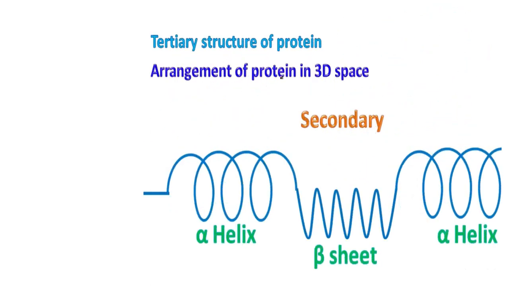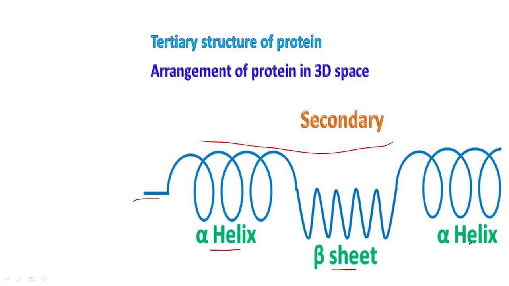The tertiary structures of proteins are arranged in 3D space. You can see here some primary structures, then secondary structures in the form of alpha helix and beta sheets, parallel beta sheets, anti-parallel beta sheets, then again some alpha helix structures.